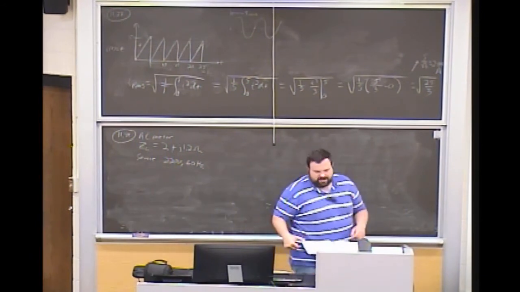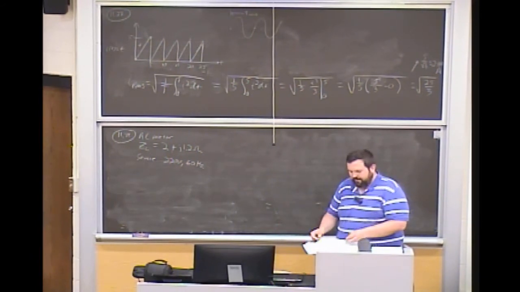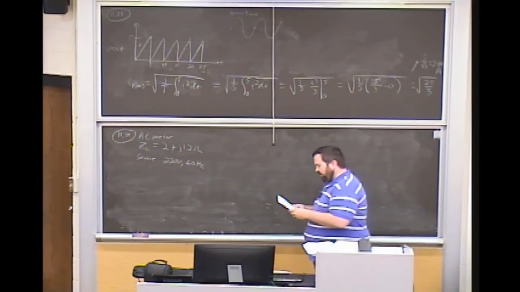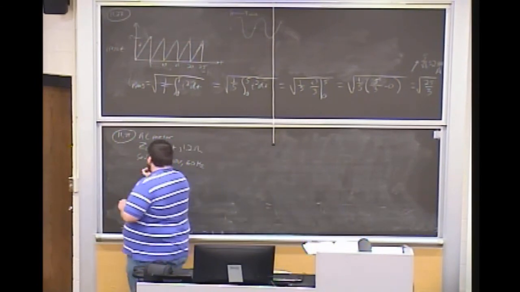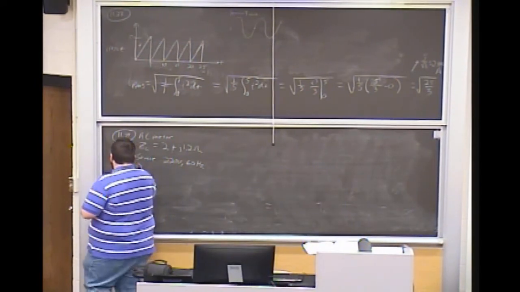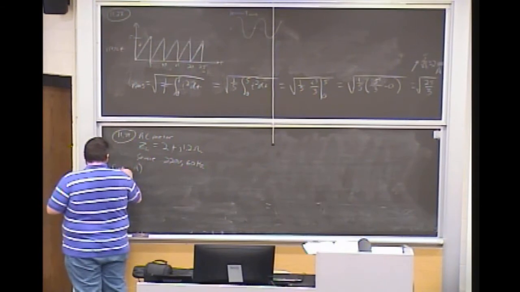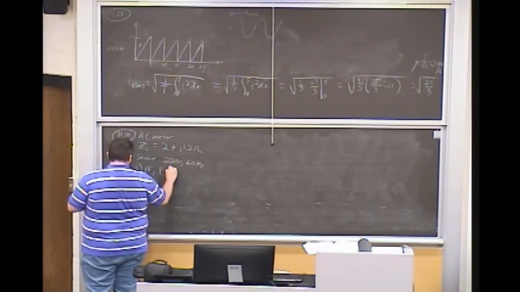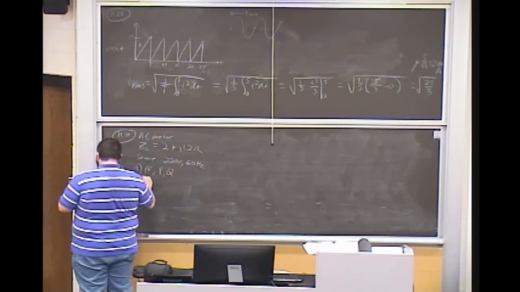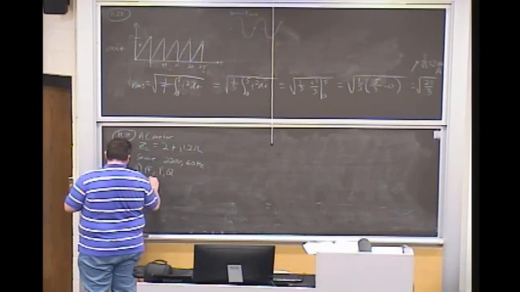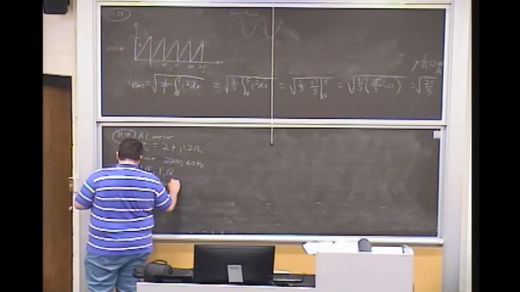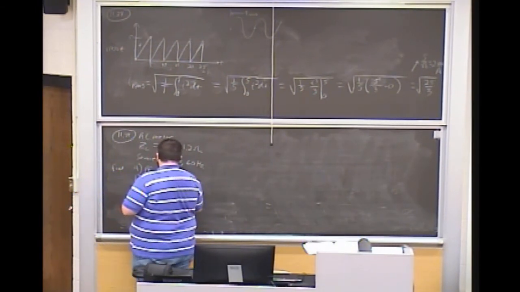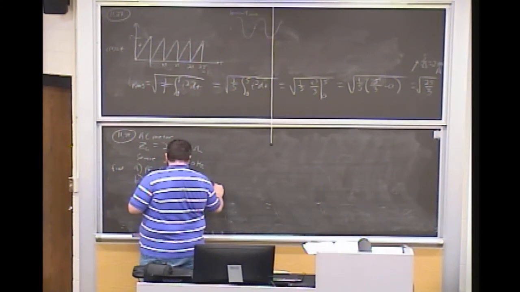Okay, and so we have a motor being driven by that. We're asked to find a few different things. Find the power factor, P, Q, and find a capacitor that will correct PF to unity.